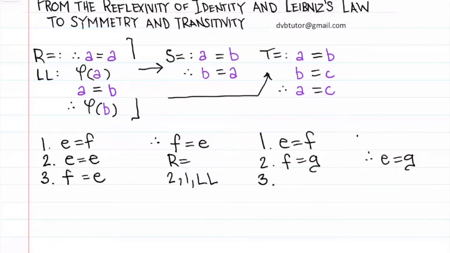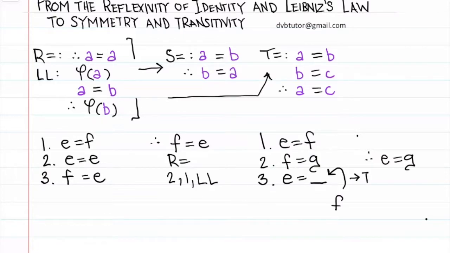If we think of the first premise as saying that E is identical to some blank, the first premise says that if we put F in there, then our sentence is true.